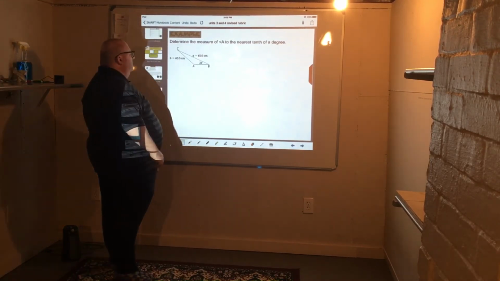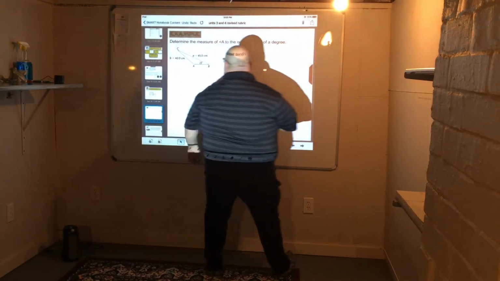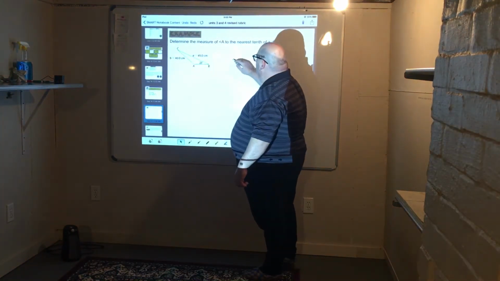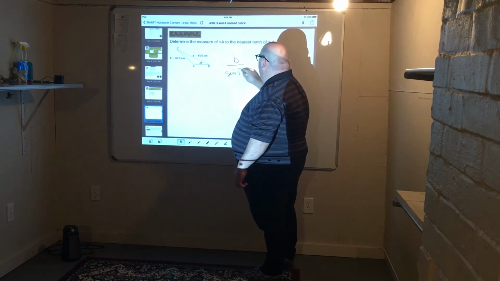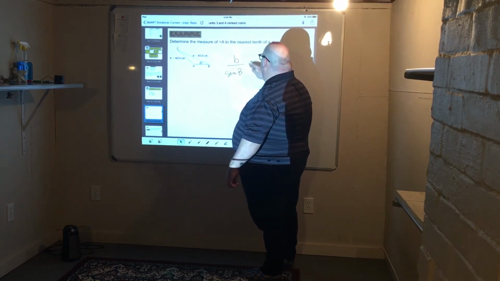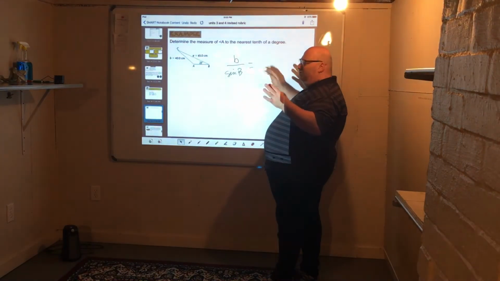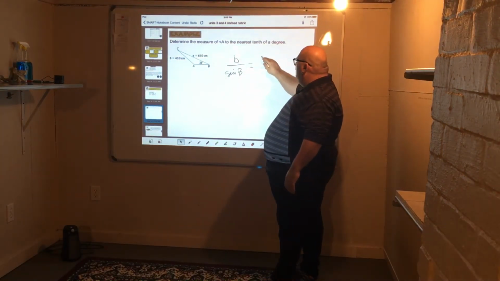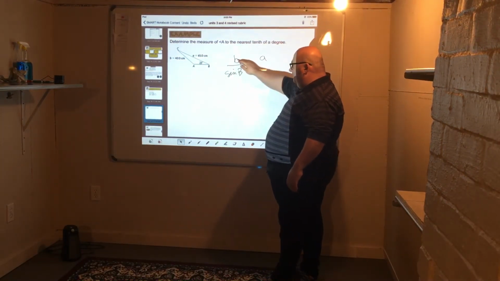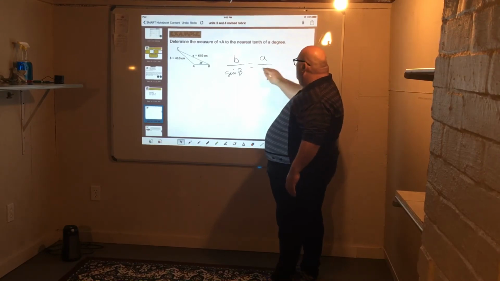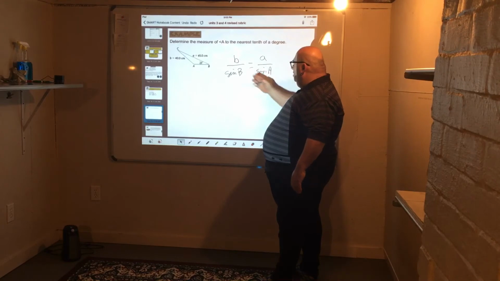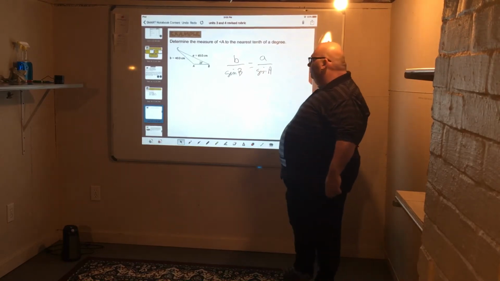So in this equation we have side B over the sine of angle B is equal to, and I want to set up a ratio so that it's exactly the same. So on this side we have to have side A, because we had side B up on top, over the sine of A on the bottom, just like we had the sine of B on the bottom here.